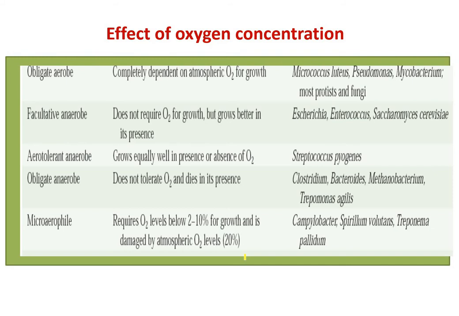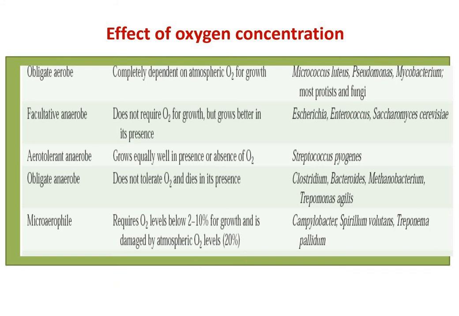Now the other factor which is very important for the growth of microorganisms is oxygen concentration. The growth of bacteria depends upon the oxygen concentration. So there are certain categories: obligate aerobe, facultative anaerobe, aerotolerant anaerobe, obligate anaerobe and microaerophile.